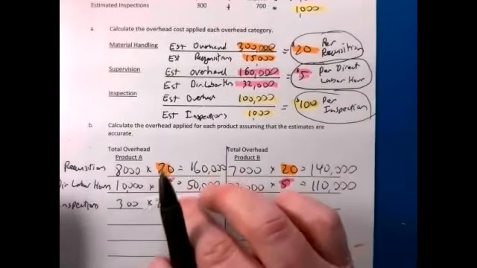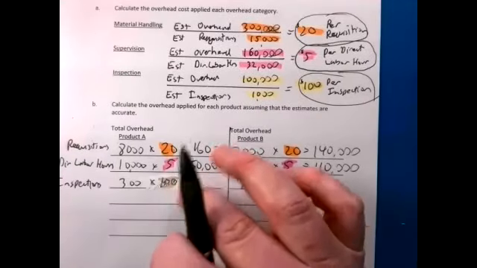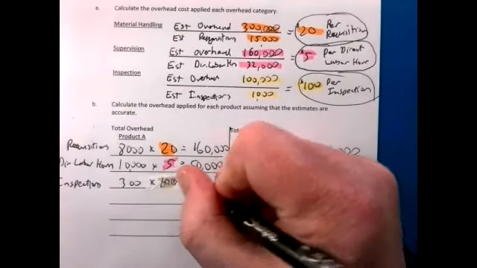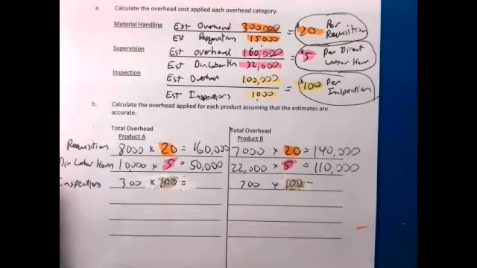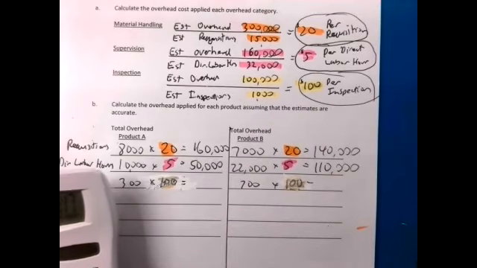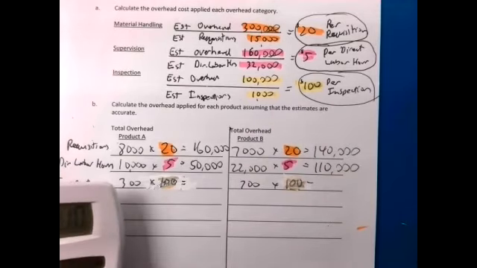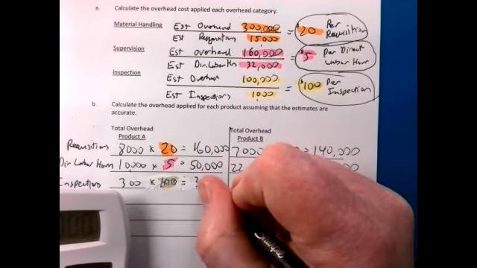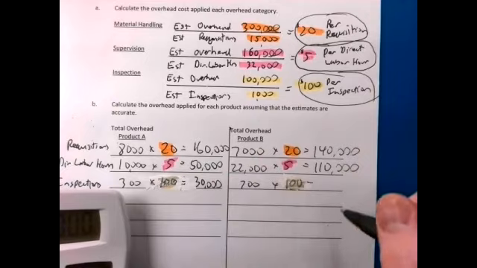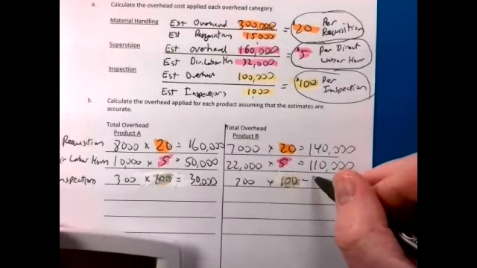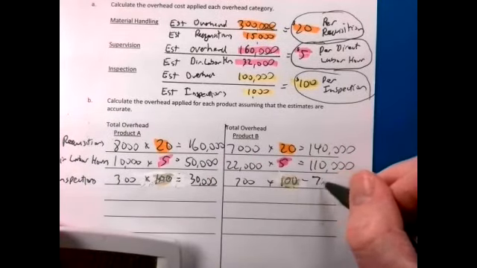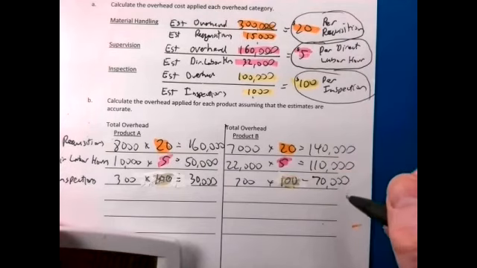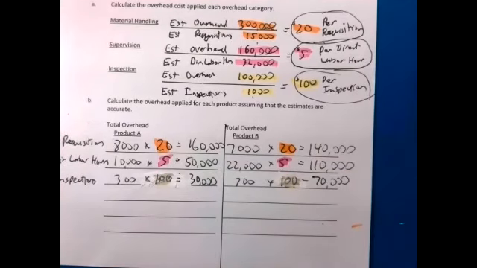This thing you can't read anymore. 300 times 100 is 30,000. 700 times 100 is 70,000. Okay.